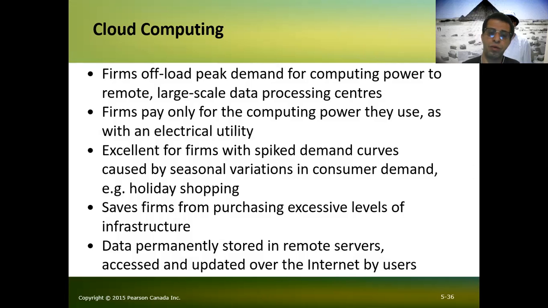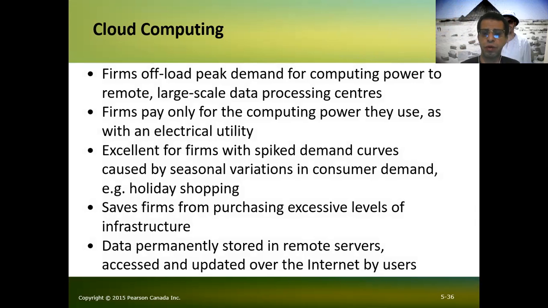Excellent for firms with a spike in demand: instead of upgrading or adding more servers or expanding their network, they just have to speak with the provider, so they can increase it.